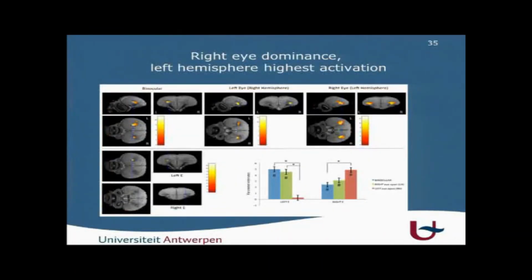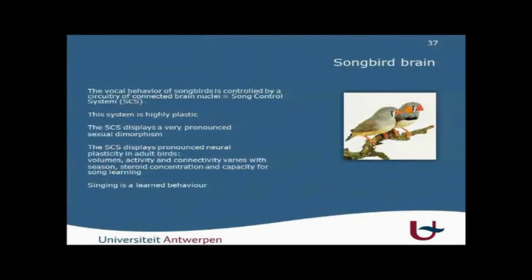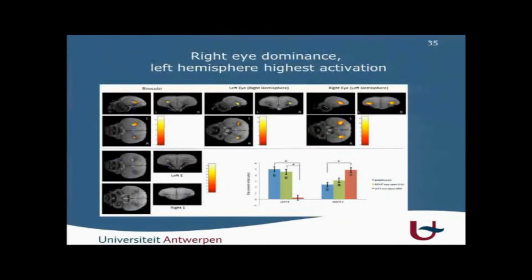So if you do fMRI, this is an example of fMRI, and let's focus on this layer. So these are bird brains, of course, and you can do binocular stimulation. You can only stimulate the left eye or only the right eye, and you can see already when you make the difference.